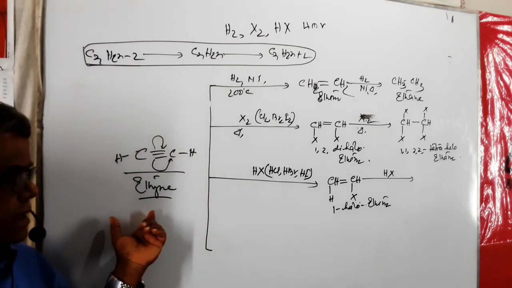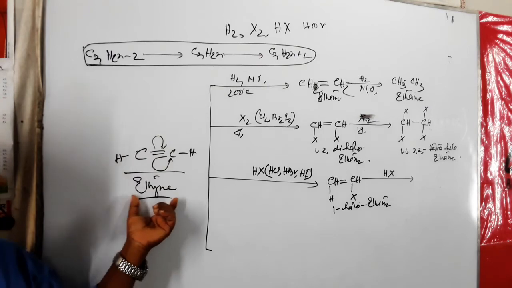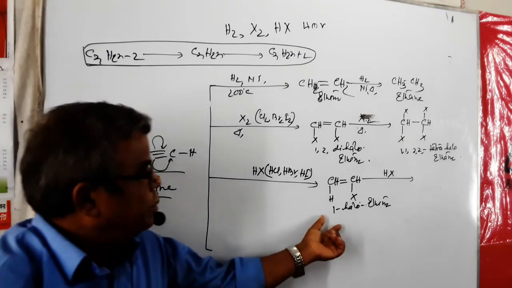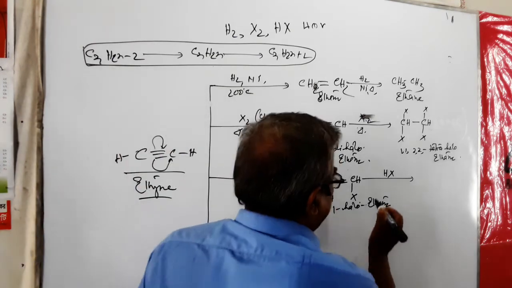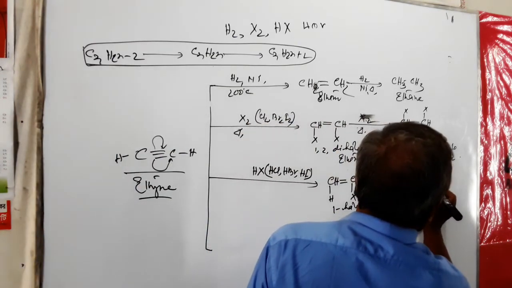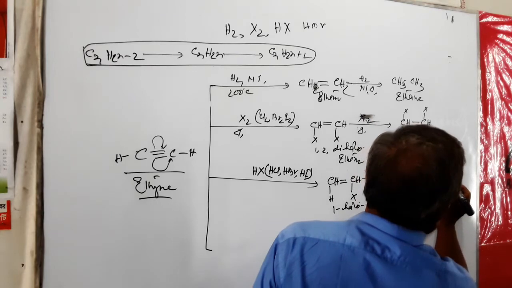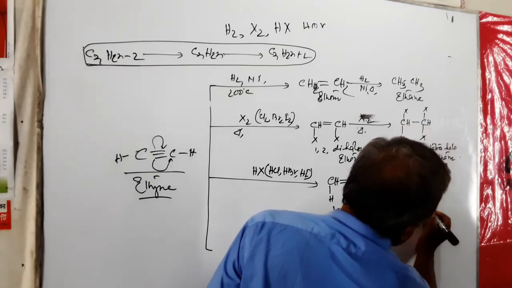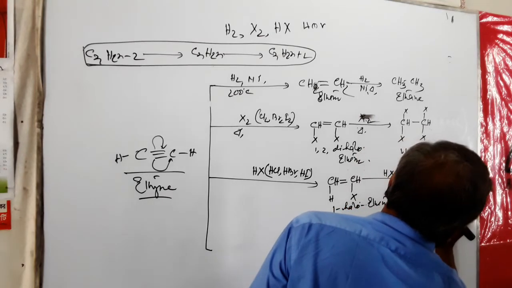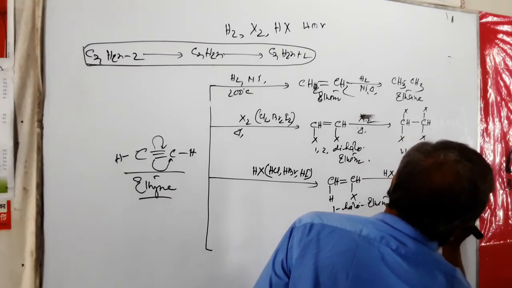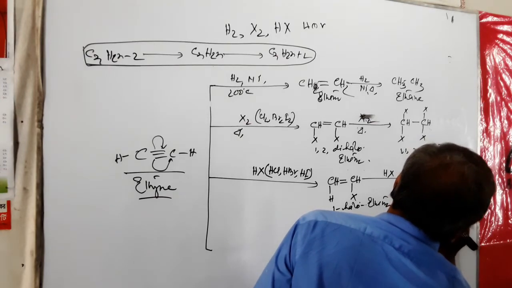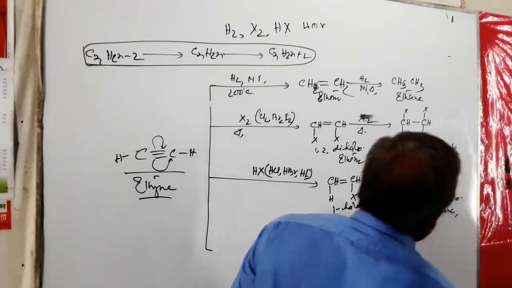In the case of symmetric ethyne, it will be 1-haloethene, then next 1,1-dihaloethane.